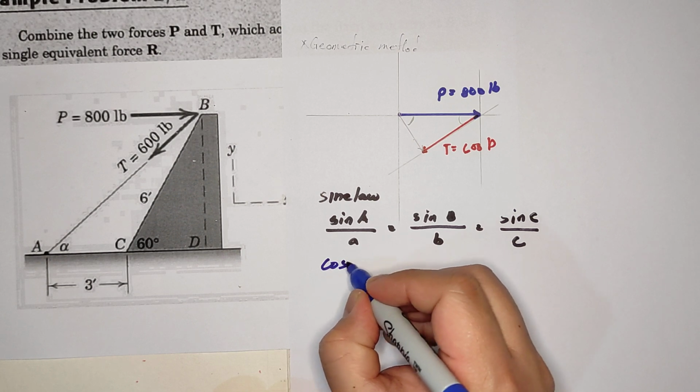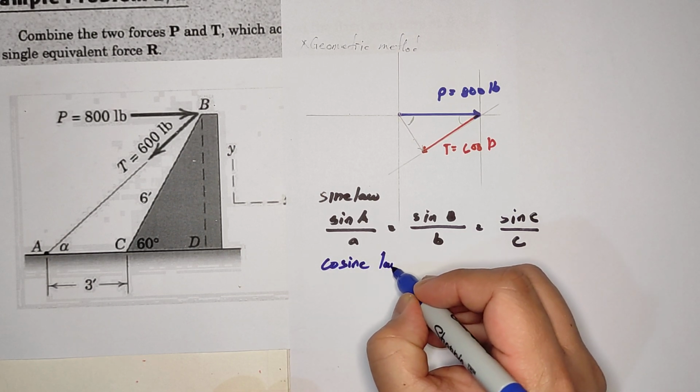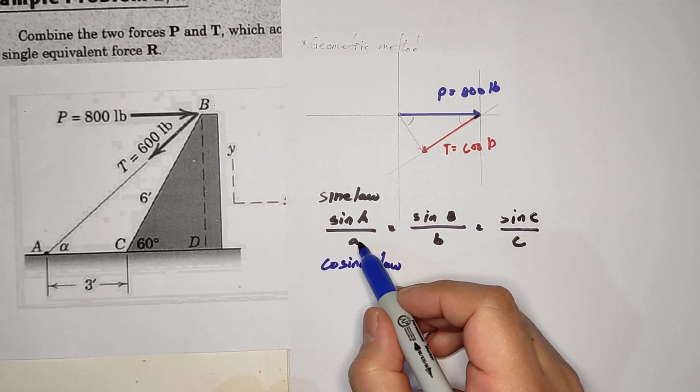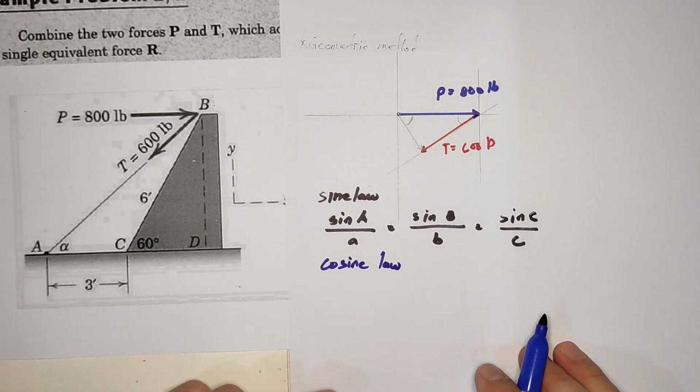So remember this one. The sine law is very easy: this is A, this is A, and that is sine.